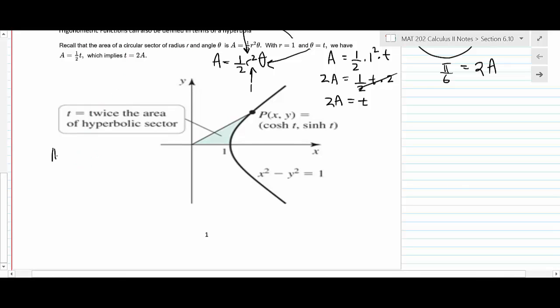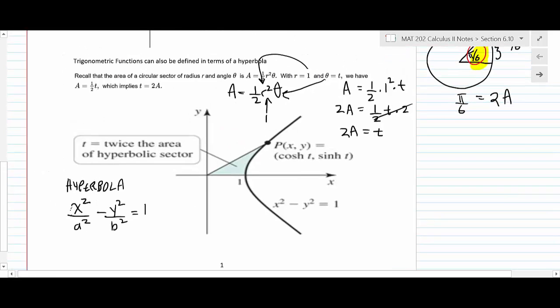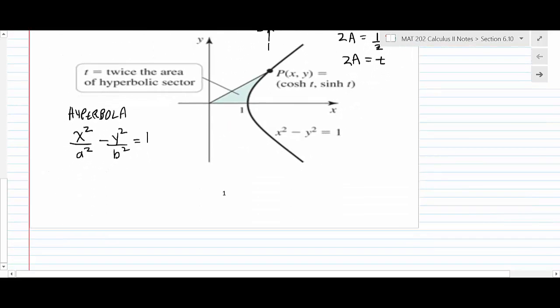So generally a hyperbola looks like this. Basically, the general formula is x squared over a squared minus y squared over b squared equals 1. That's the general formula of a hyperbola that has a center at 0, 0.